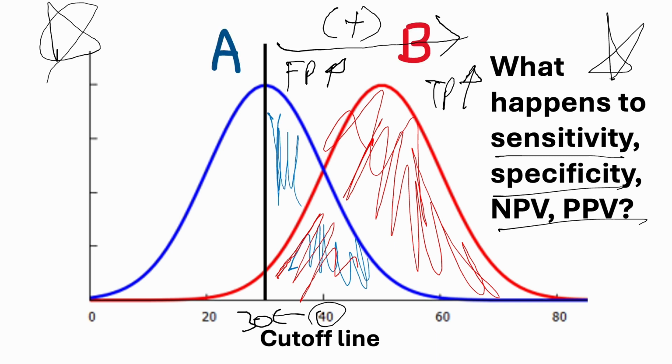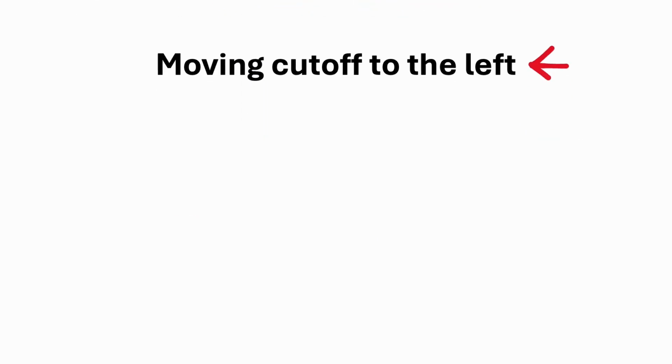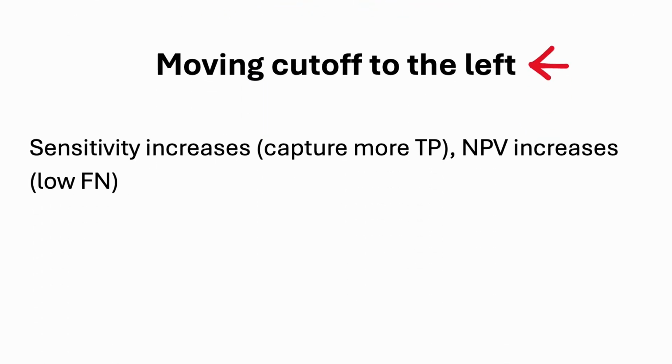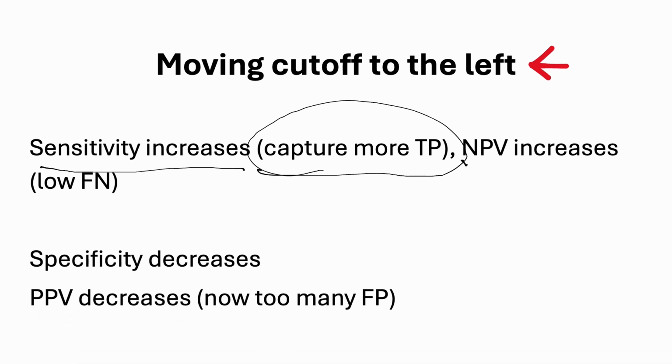So what's going to happen? When we move the cutoff to the left, our sensitivity increases because we're going to capture more of the true positives. However, the positive predictive value will decrease.